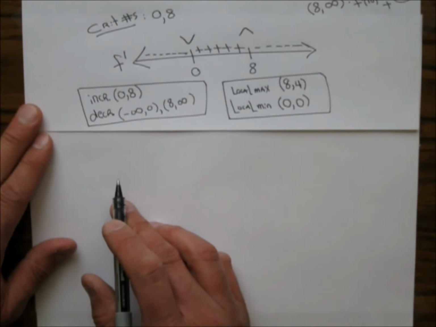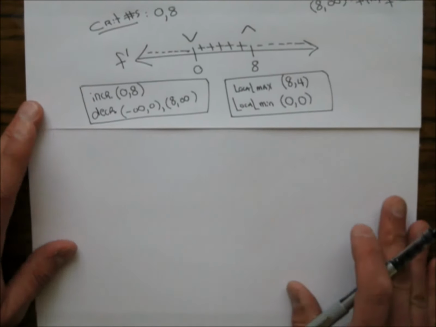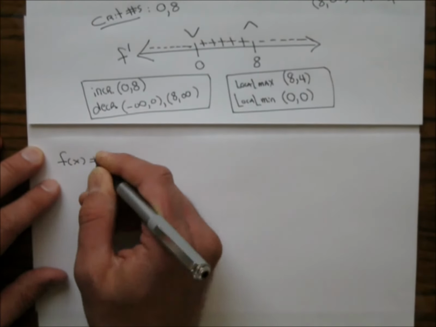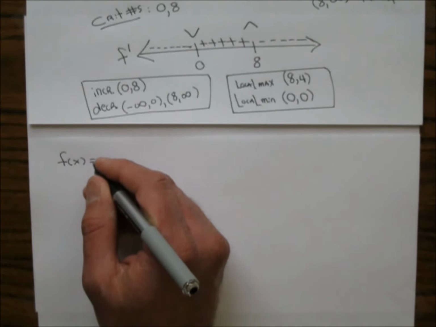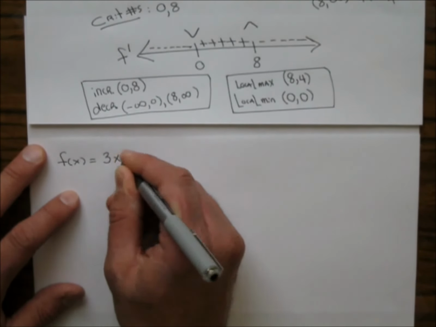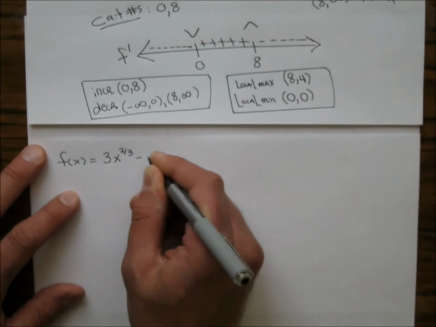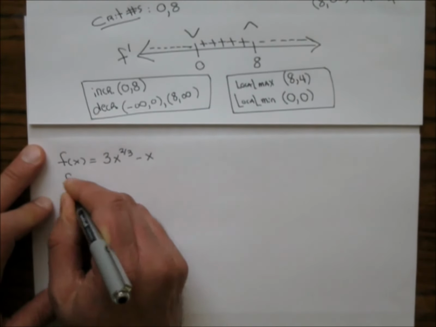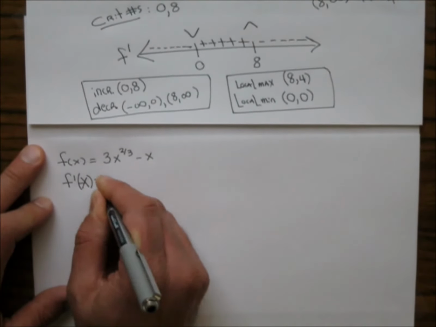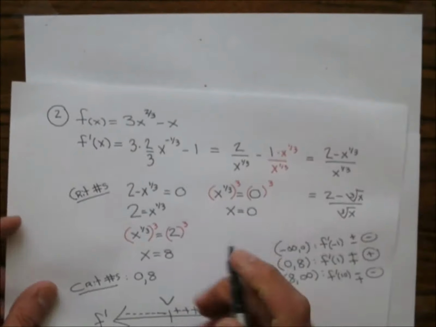I'm trying to find inflection points in concavity. Here was my function, f of x equals 3x to the 2/3 minus x. And so my first derivative, there were many forms of it.